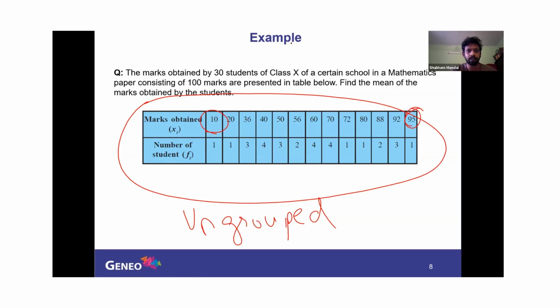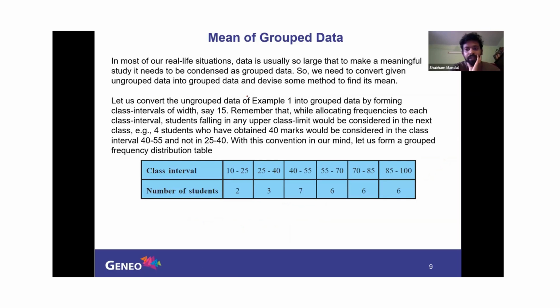The minimum is 10 and the maximum is 95. We can take intervals of 10, intervals of 5, intervals of 20. That is up to you.